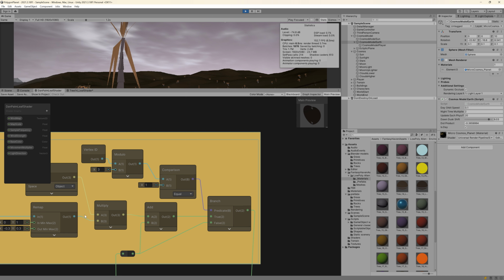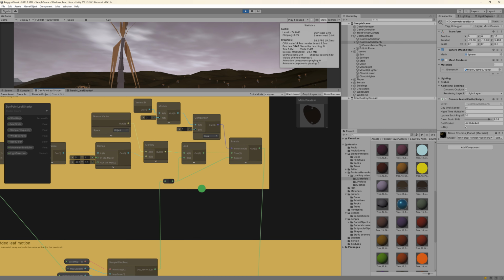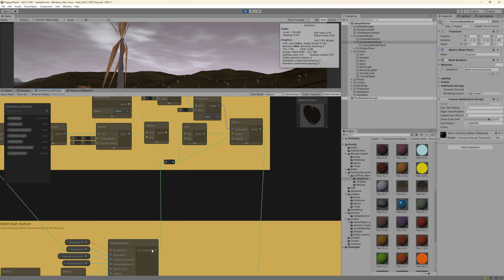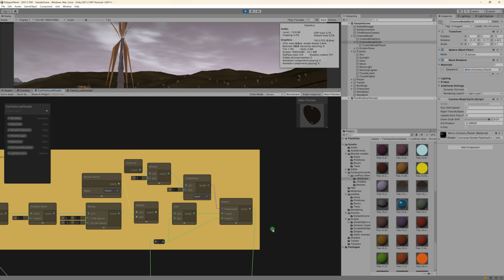And so we only add this flutter if this branch predicate is true. If it's not true, then we're not going to add this on at all. We're just going to keep with what came out of the wind map, with no flutter, so that we don't randomly detach with fluttering noise.